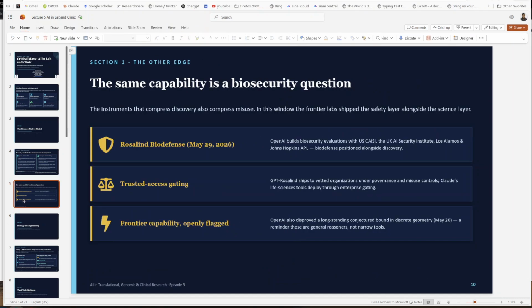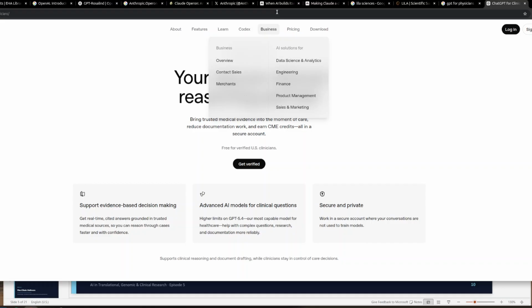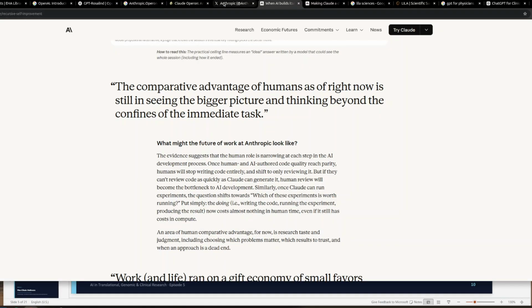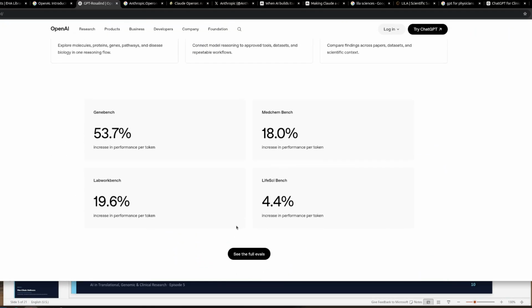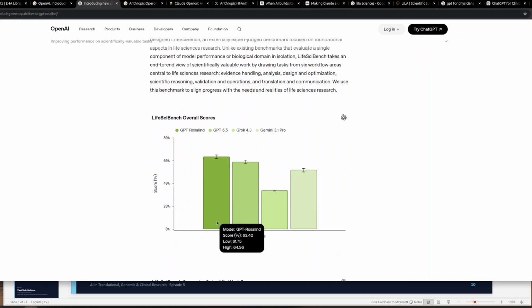So, Rosalind has also released the biodefense. So it helps in terms of biosecurity. I think I have shown it earlier, but I can go back and check. It has the biodefense also recently introduced. See, this is a beautiful marking.